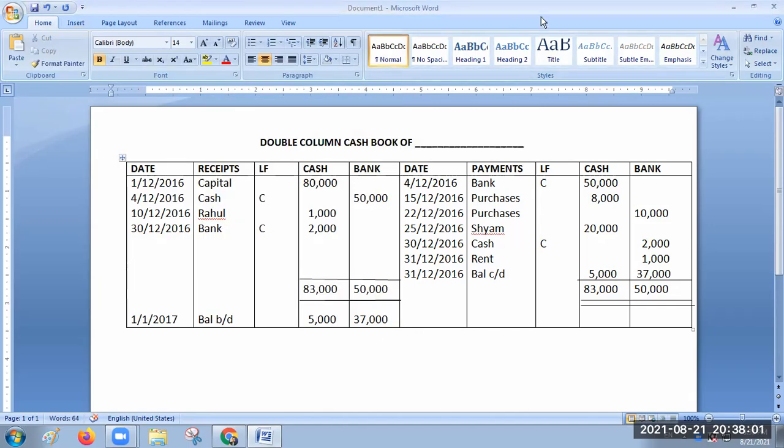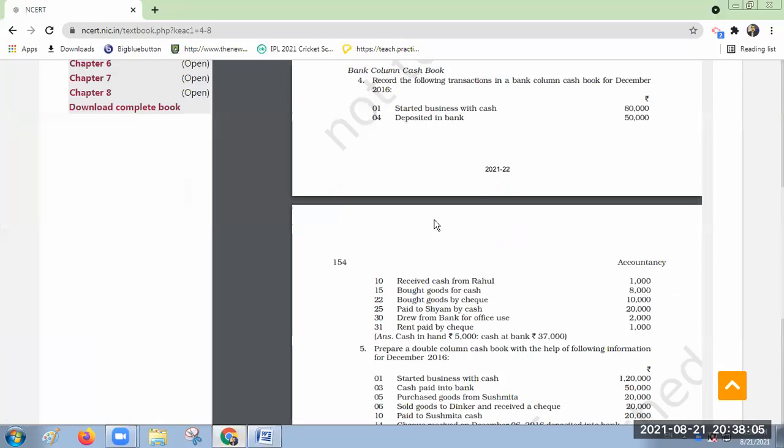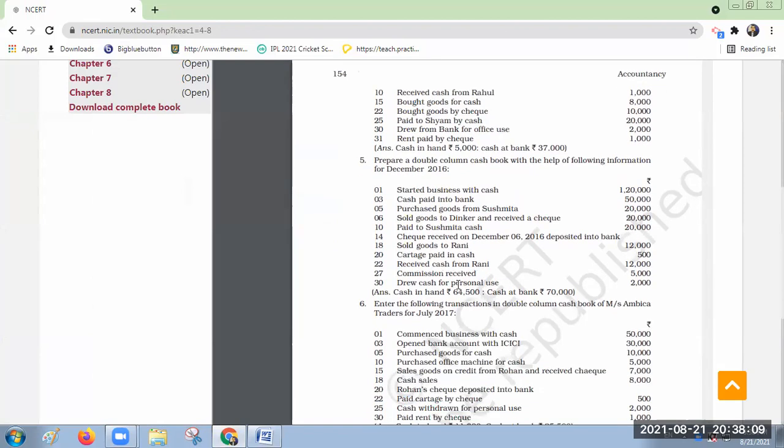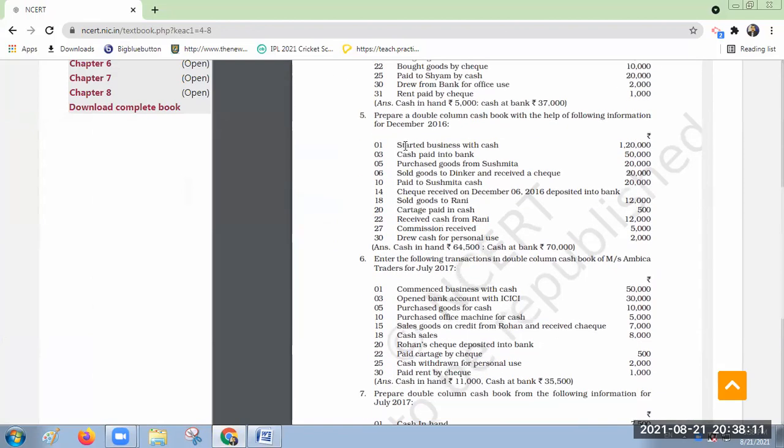Okay, now. Are you able to see the textbook? Yes, sir. Okay. Fifth problem you check. Is there any doubt? You see the transaction and you tell me.